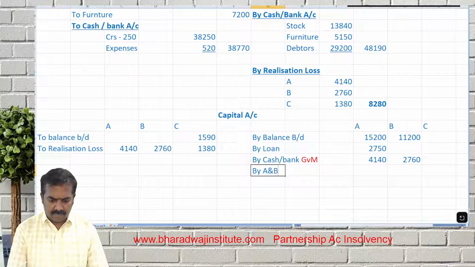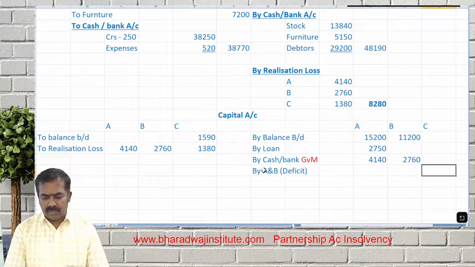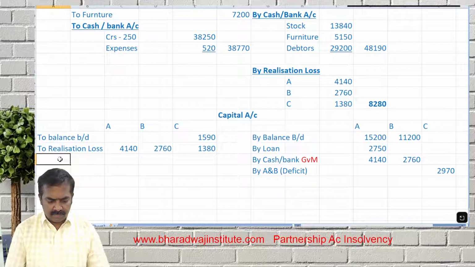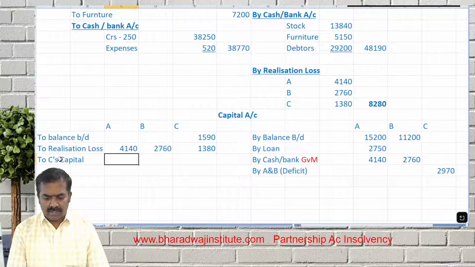2970. What is the total? 29. By cash 16,240 and 9,840. 2970 in ratio bear பண்ணணும்.